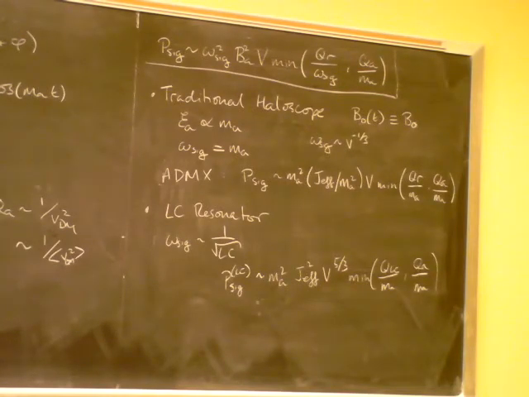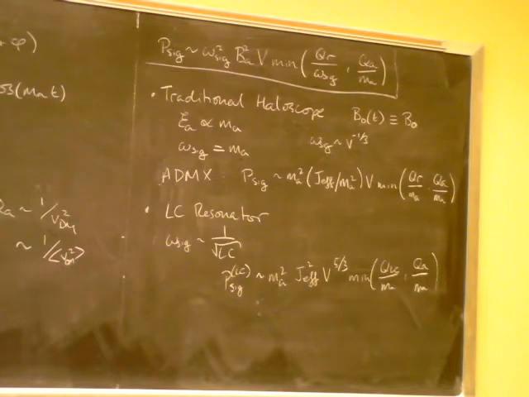And so indeed, this will allow, in principle, to have a relative gain in this sort of approach, where you have a background magnetic field that is oscillating, as opposed to a lumped LC resonator for small axion masses. Now, there is a caveat to this, which is one that I will explain in just a couple of moments.